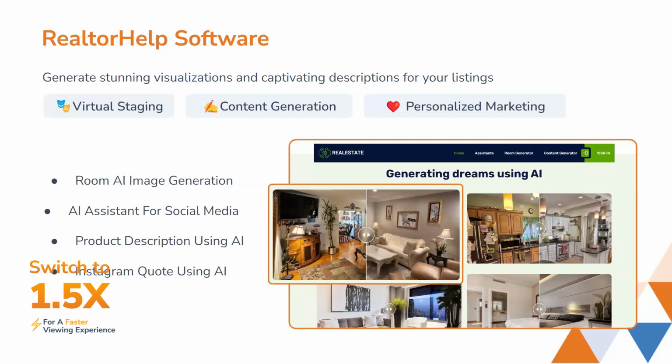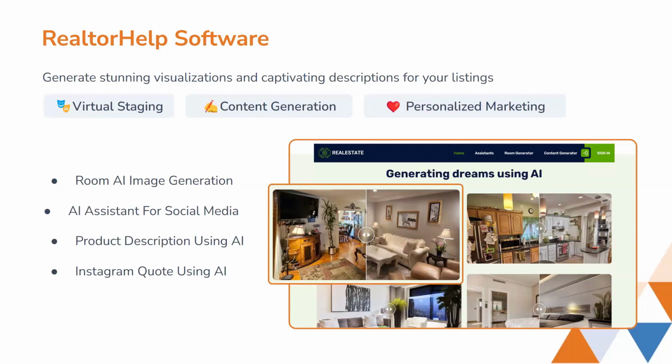Among these 4 things, there is Room AI image generation. You might have a lot of listings under your belt, but you might not be getting enough proper photographs for your promotion. So for that reason, we came up with this idea, Room AI image generation.